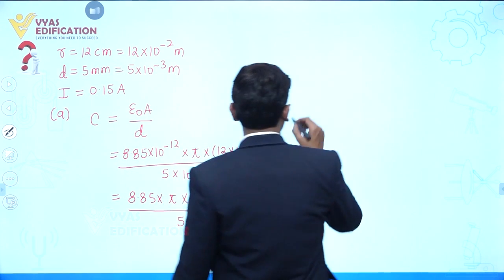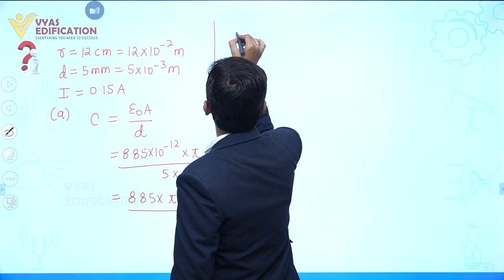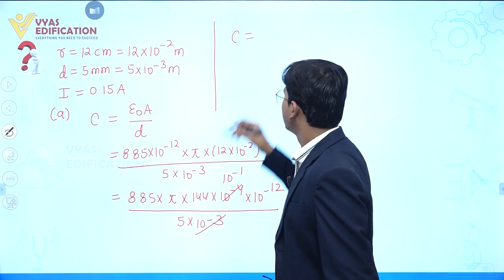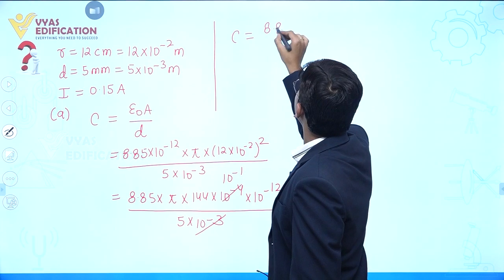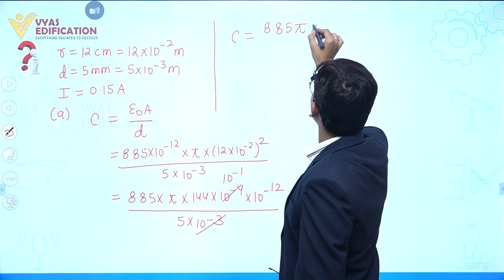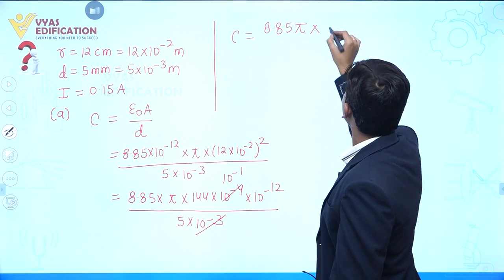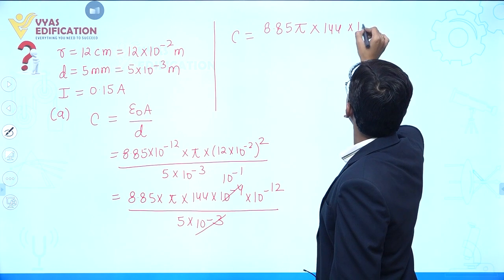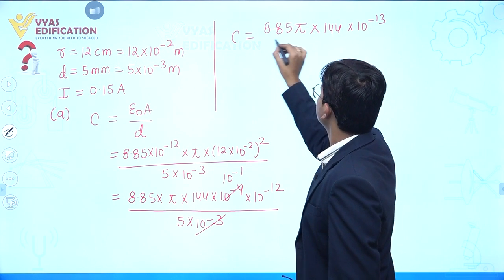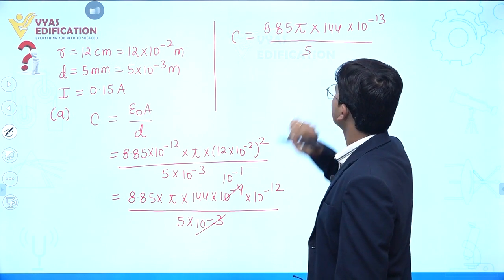Clear? So the value of capacitance C is given by 8.85 multiply pi multiply 144 into 10 to the power minus 13, divided by 5. Clear?